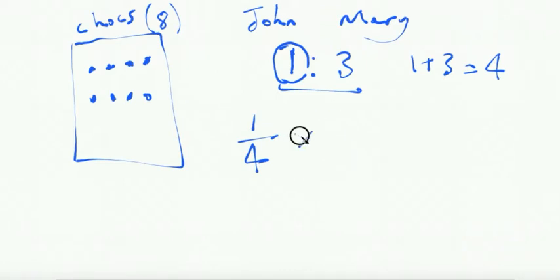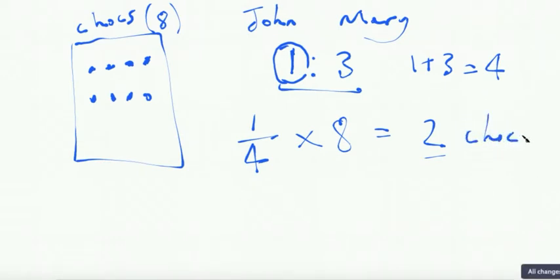If we multiply this by the total number of chocolates, we're going to get a quarter of 8, which is 2. So 2 chocolates is what John gets.